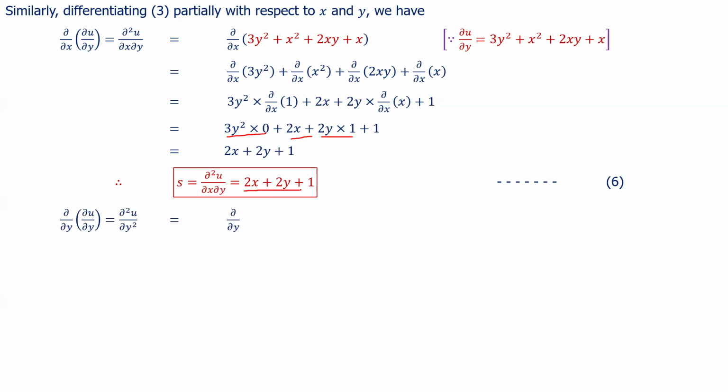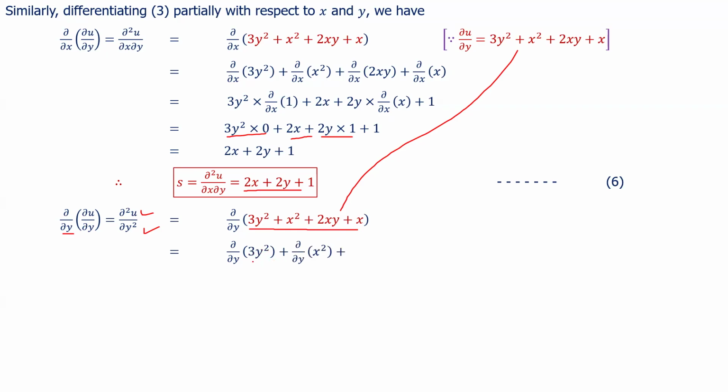Similarly, let us try to find the partial derivative of del u del y with respect to y. It is written as del 2u del y square, and we know that del u del y is nothing but 3y square plus x square plus 2xy plus 1. So we take the partial derivative of 3y square, of x square, of 2xy, and of x, all with respect to y.